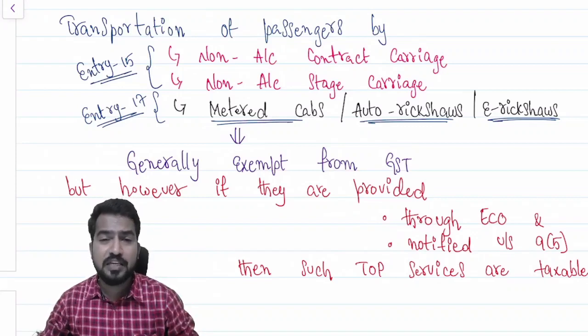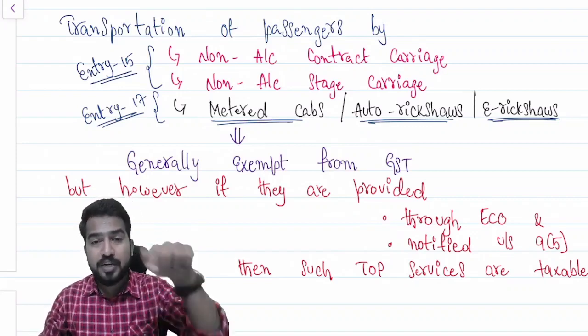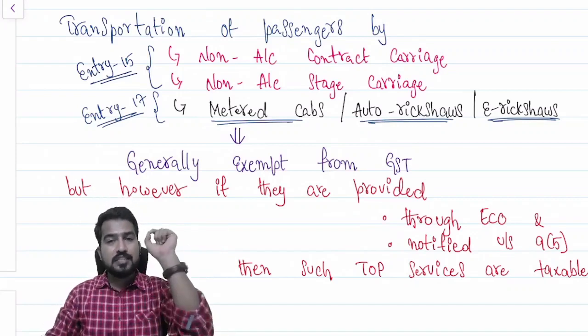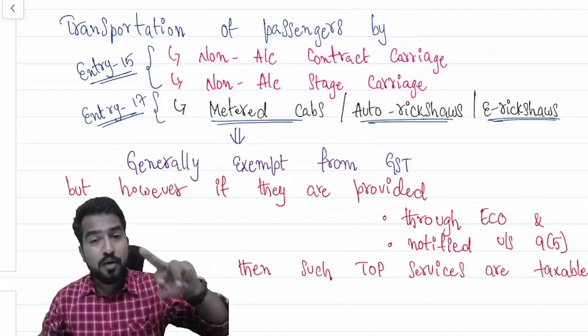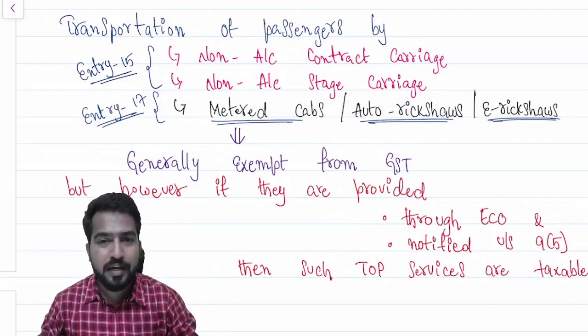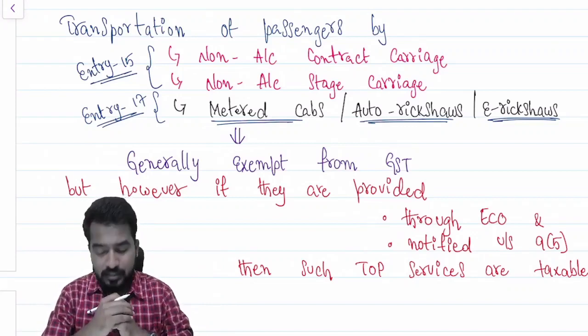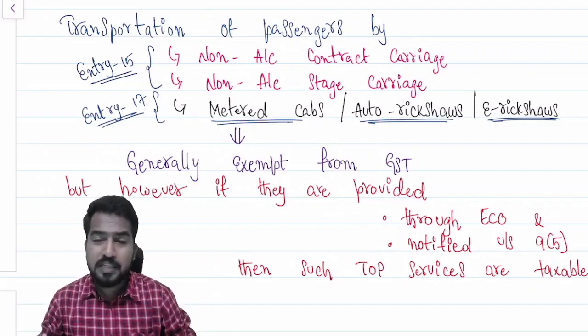If you remember, section 9 subsection 5 is a scenario where the e-commerce operator is liable to pay GST on the notified services supplied through it. So in such cases, the e-commerce operator is liable to pay GST.